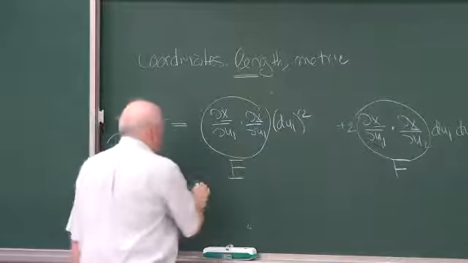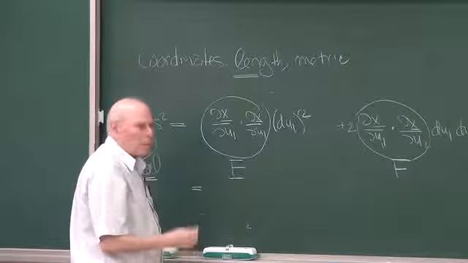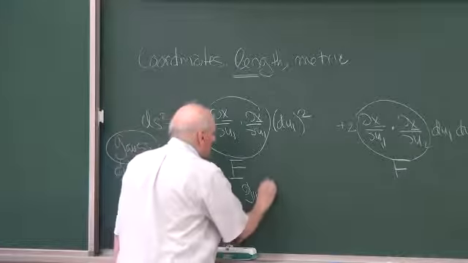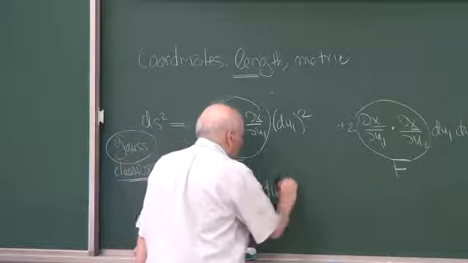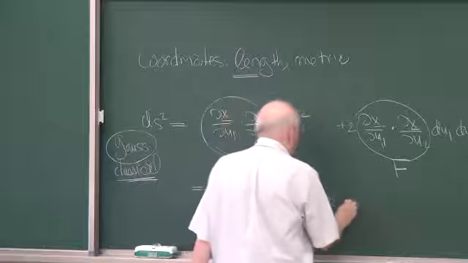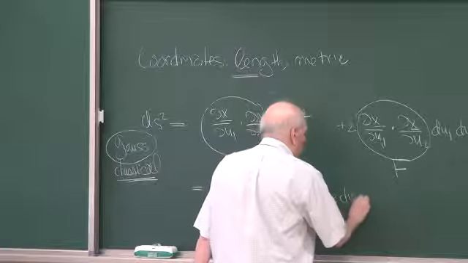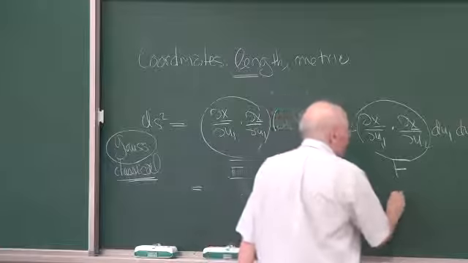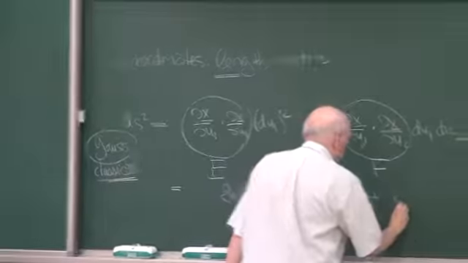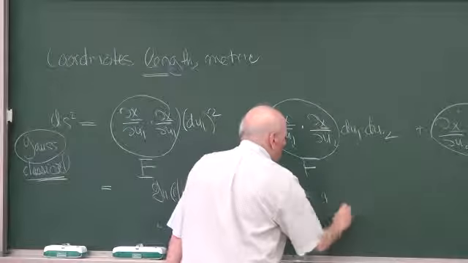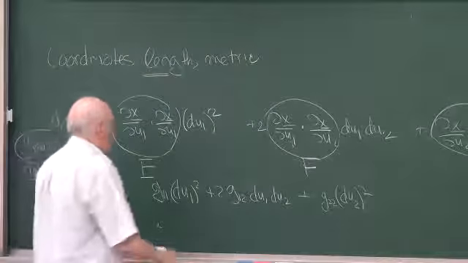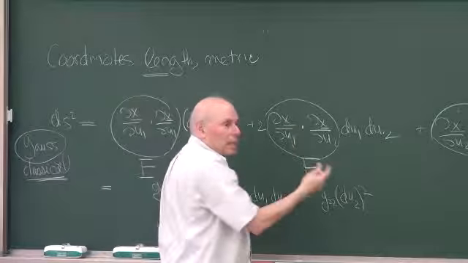But the more modern notation uses tensors, but for now just think of them, don't worry about the tensors. So this is G11 du1 squared, plus 2 G12 du1 du2, plus G22 du2 squared. So G is the metric. It's a way to get length.